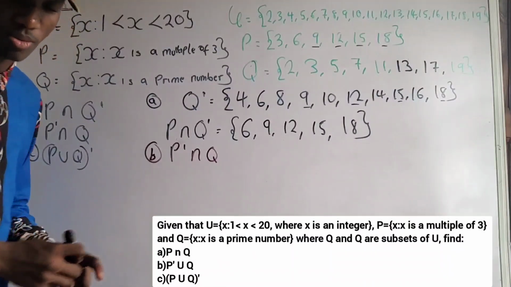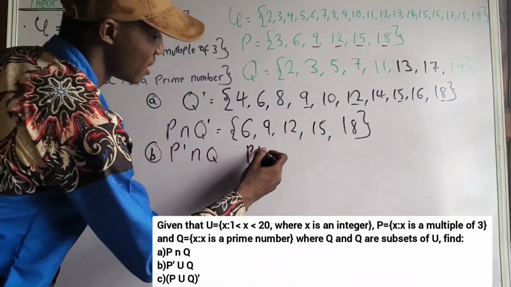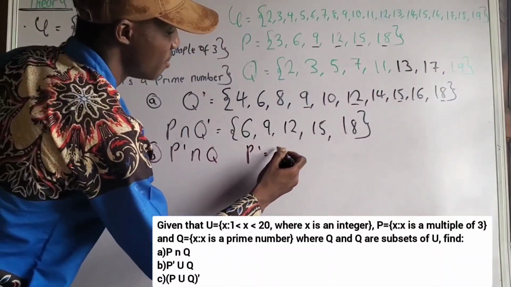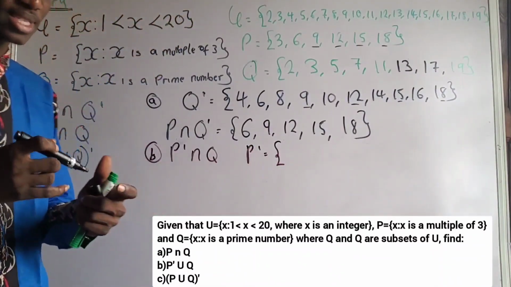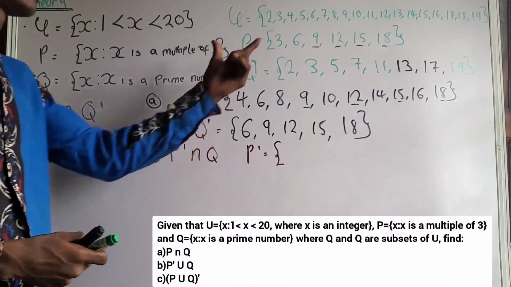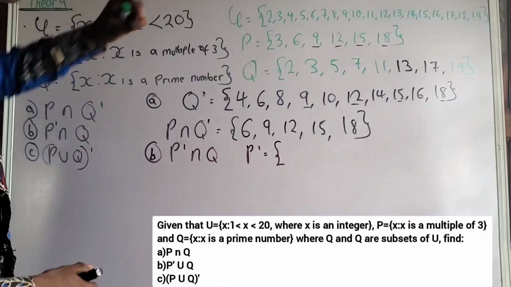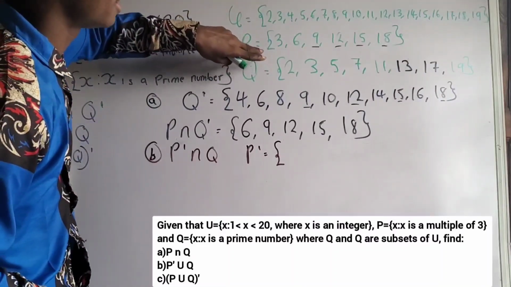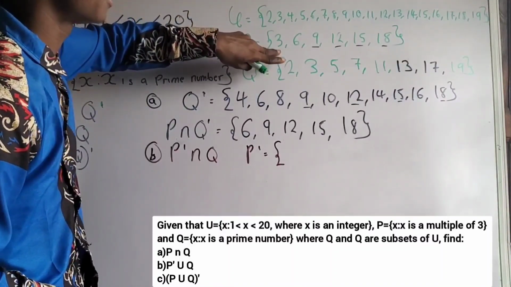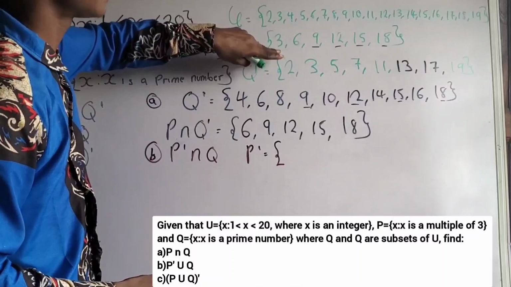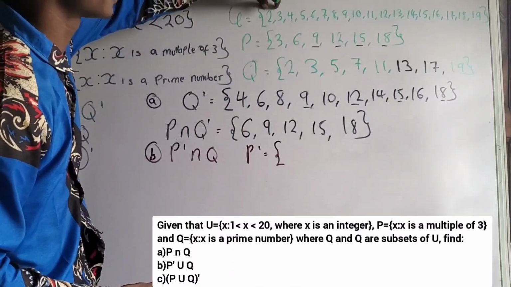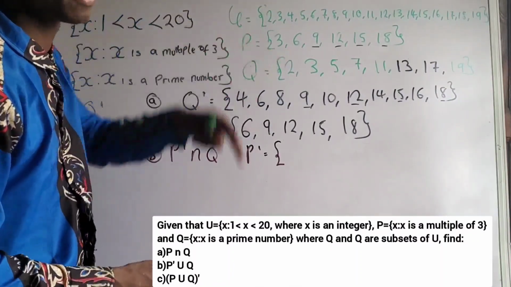So let us find P complement. P complement will be the elements that are present in the universal set but are not in set P. Do you understand? Okay, so these are the elements in set P. What are the elements that are present in the universal set that are not present in set P?